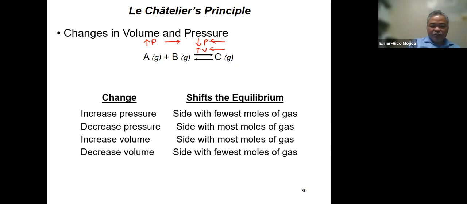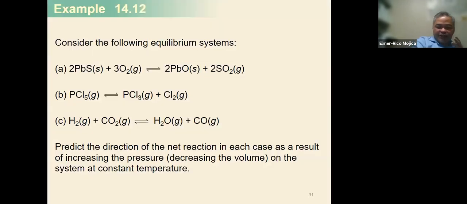And if you decrease the volume, it sides with the fewest moles of gas. So if you increase the pressure, that results in decreased volume, so the forward reaction is favored, at least for this situation.